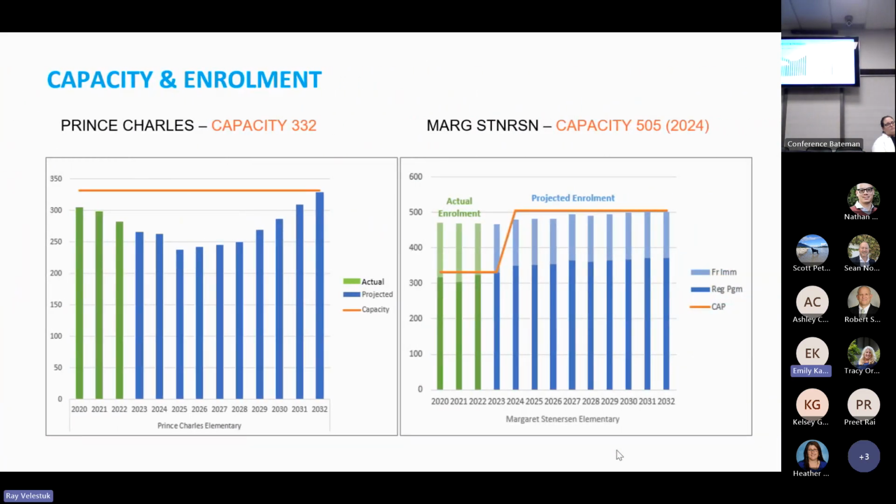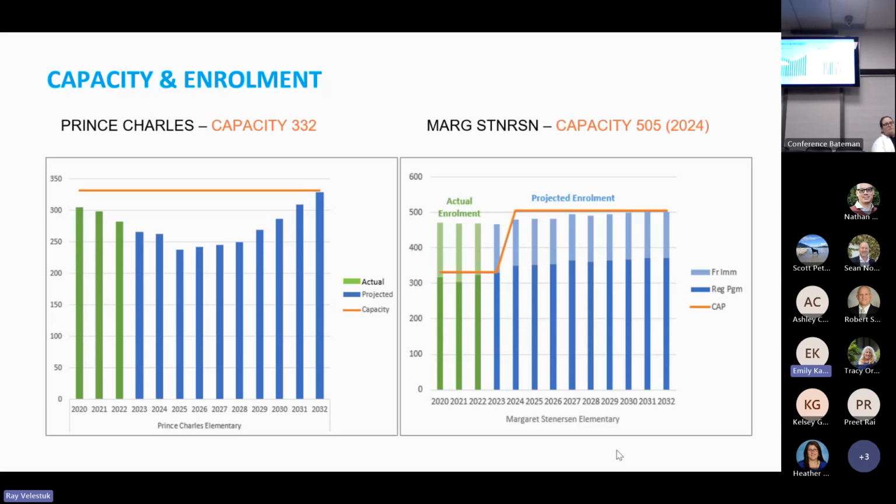So where we say 2023 and our capacity and actual enrollment, we are at 485 already. Actually, I think we're at 490 at Stenerson. And so even with the addition coming, as parents we're concerned that we're going to outgrow that so quickly already. Is there a plan for that?